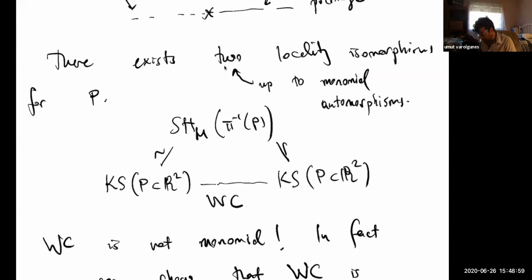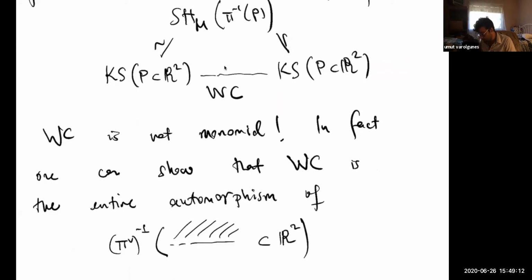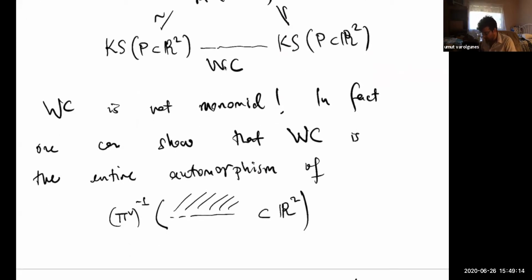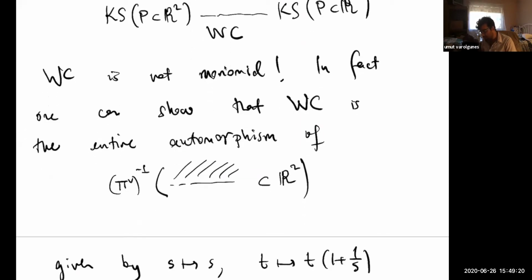Because they're identified with the same guy, there is some isomorphism between them, and this is the wall crossing isomorphism. The wall crossing isomorphism is not monomial, as we all know, and it can be shown by careful analysis that this wall crossing is actually an entire automorphism of the preimage of the upper half plane under the Kontsevich-Soibelman fibration.